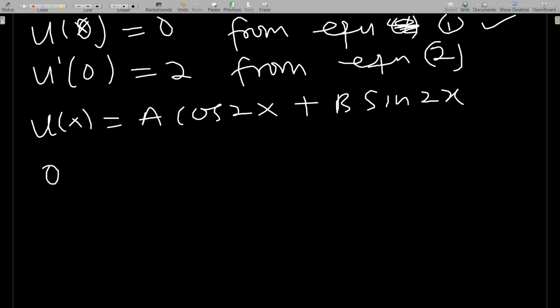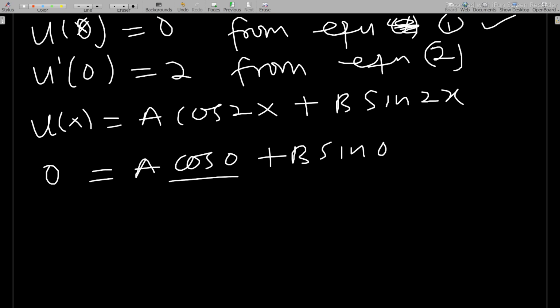So it means 0 is equal to, wherever I see x, I put in 0: a cos of 2 times 0 plus b sine 0 as well. And cos 0 is just 1, and sine 0 is 0. So I'll get a times 1, which is a equals 0, because b times sine 0 is 0.